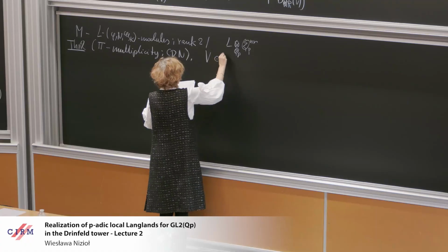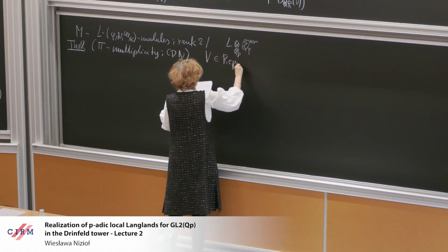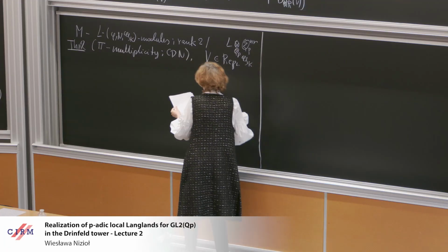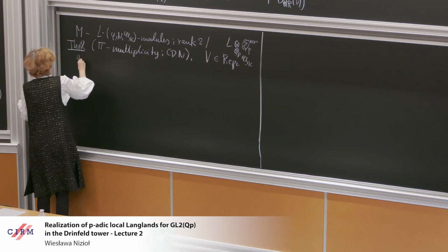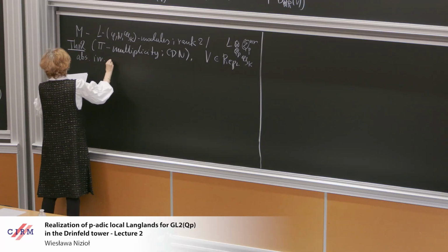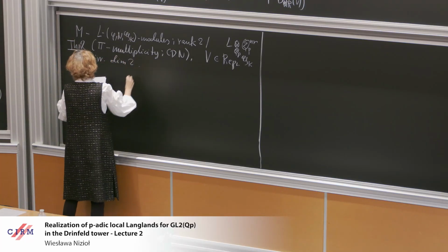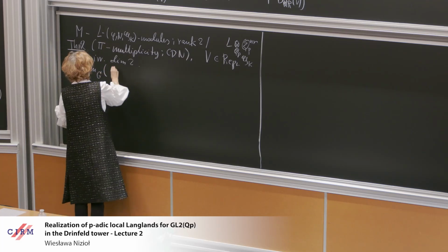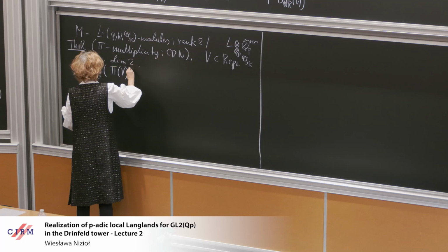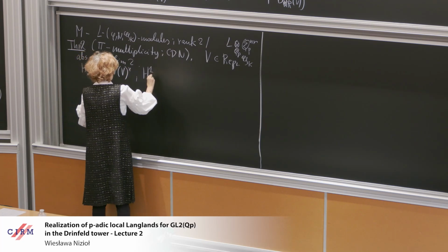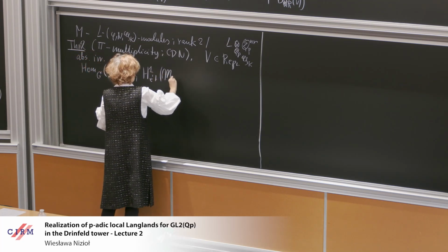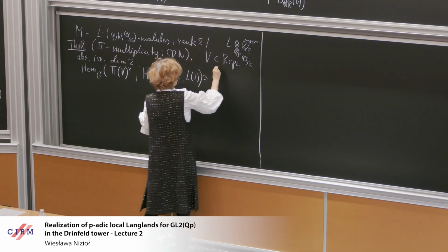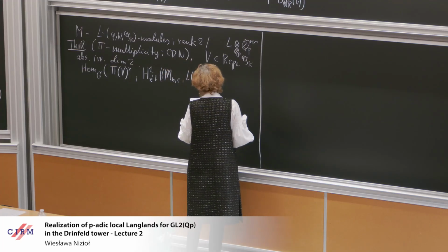So V is now a representation, a Galois representation, absolutely irreducible, dimension 2, and then we have Hom. The group is G, p-adic Langlands dual, and then again H1, and again on finite level. Okay, and now this has two cases.